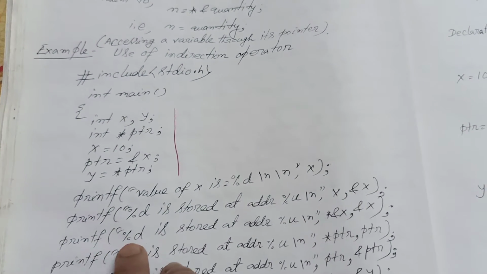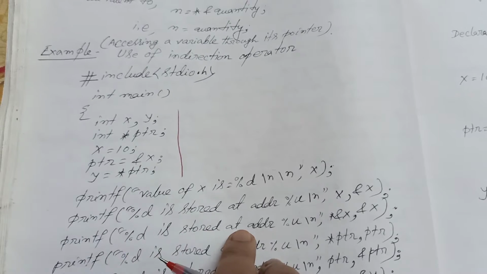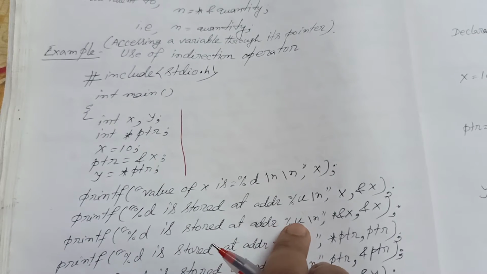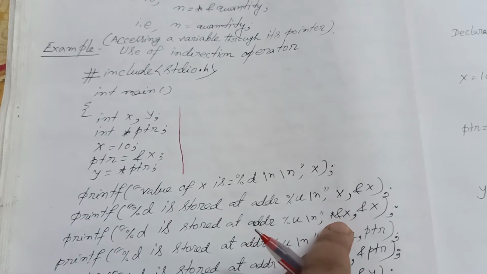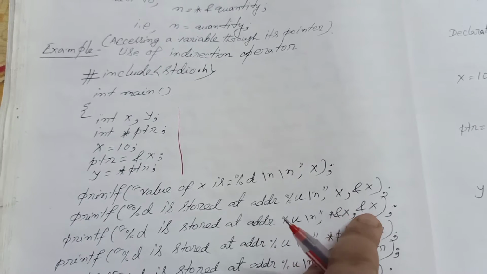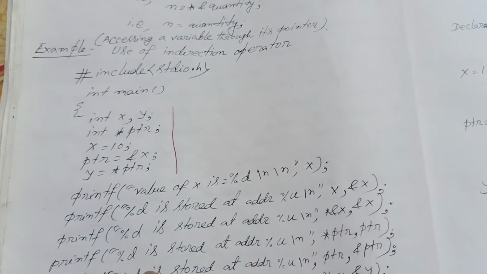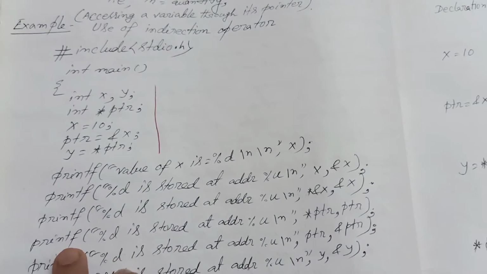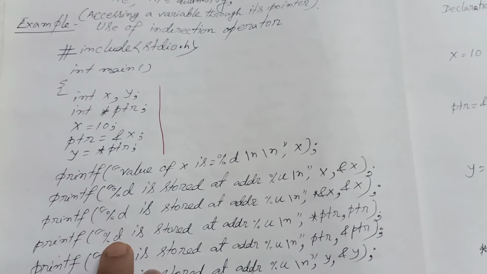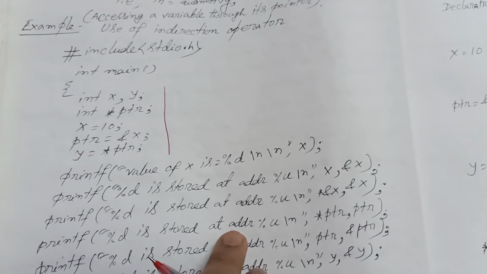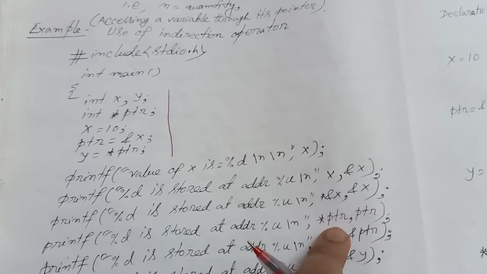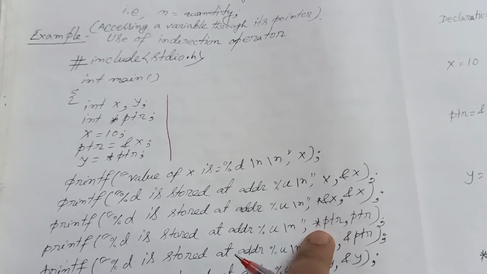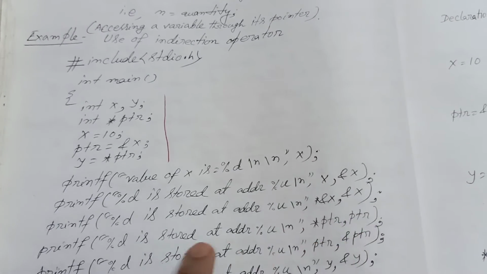Next printf is %d is stored at address %u, quotation complete, pointer ampersand x comma ampersand x. Let's see in the output. Next printf %d is stored at address %u, quotation complete, and here we have written pointer ptr comma only ptr.